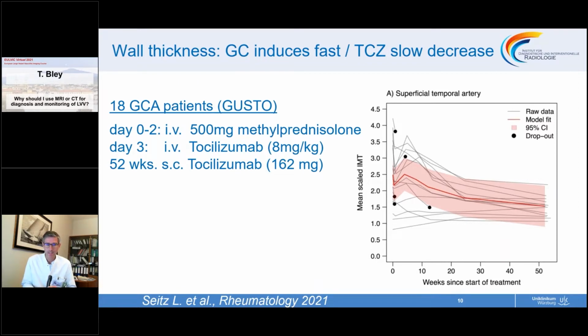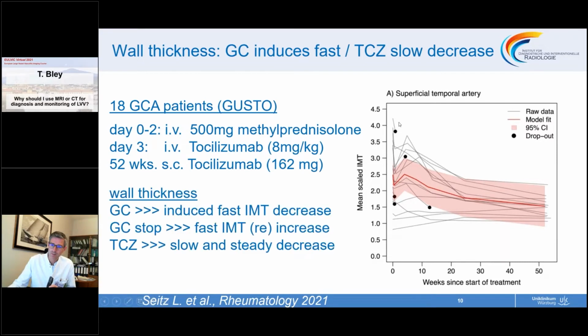Now, this is my second last slide, and I want to quote this recent study from the University of Bern, and you probably are very well aware of this study. They had a strong regimen of only 3 applications of methylprednisolone, and then they stopped it completely and went on with tocilizumab at day 3 and then for 52 weeks.